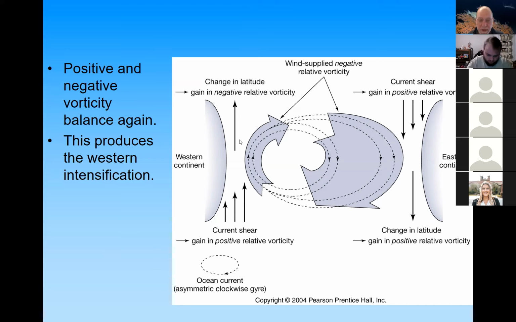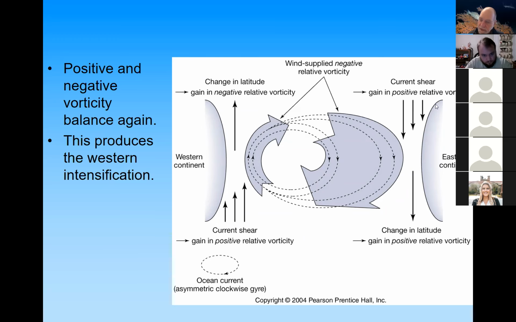Okay, so we've got this north-going flow, and the flow is going to be deflected, and that intensity of deflection is going to increase as the water moves northward, because Coriolis increases as a function of the sine of the latitude.